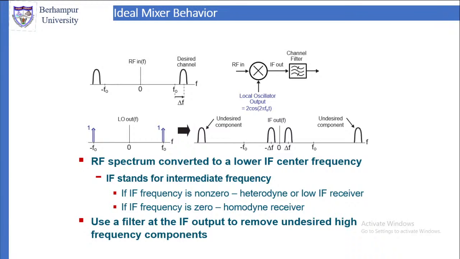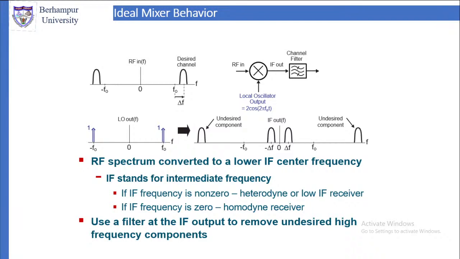The desired channel will come at a frequency which is slightly deviated from F0. The small deviation is delta F. So that is where your desired channel is. The RF spectrum is centered at 0.